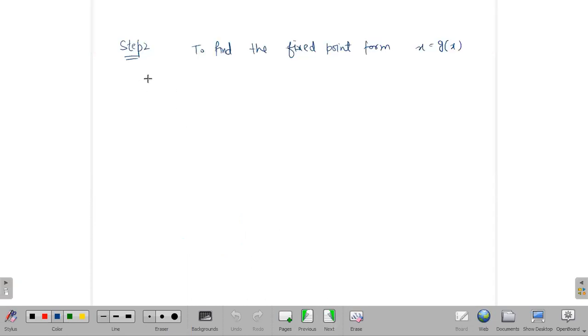If I write any random g of x, I can try x plus x cube minus 7x plus 2, which means I have added x to both sides. This can be treated as g1 of x. Will it work? It is continuous, no problem with the continuity. We are working on the 0, 1 interval. Let us take 0, it will be 2. So 2 does not belong to 0, 1. So you cannot take this function.